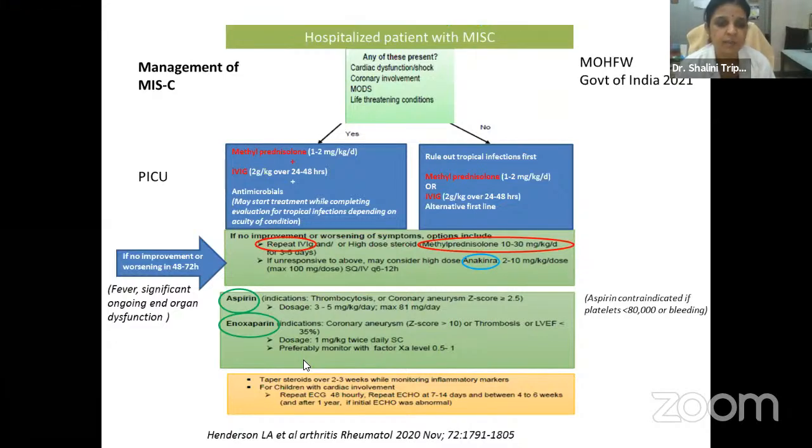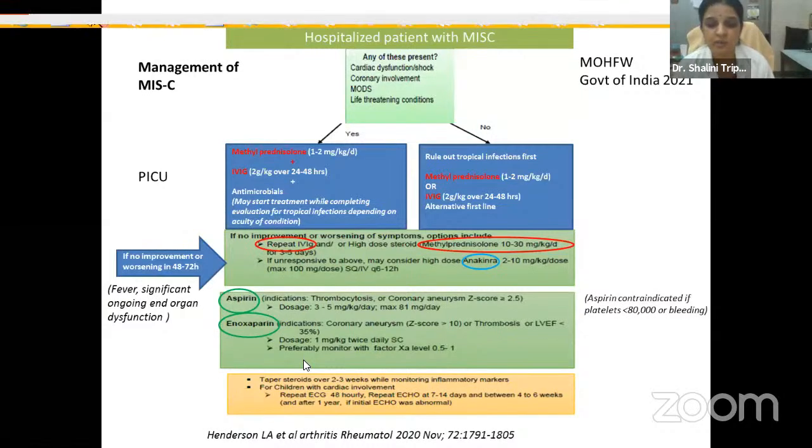When we put a patient on enoxaparin, we have to monitor with factor 10A levels, which have to be maintained between 0.5 and 1, although factor 10A levels are not routinely available in all the labs.